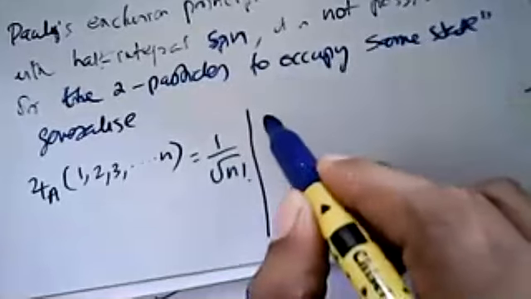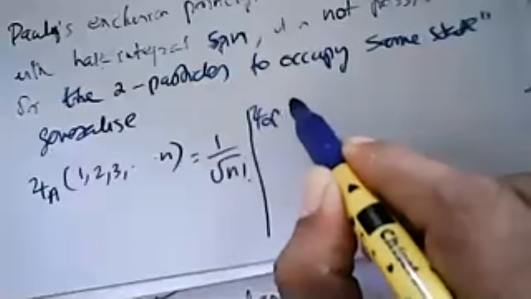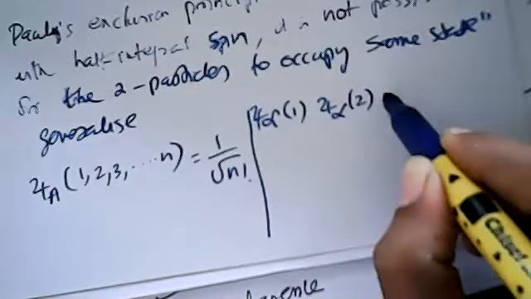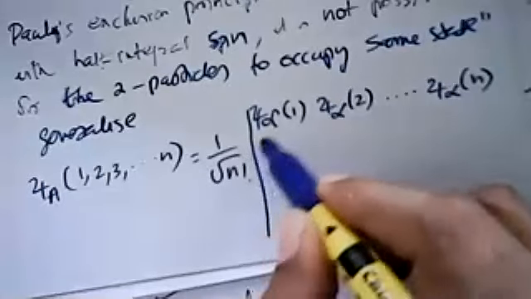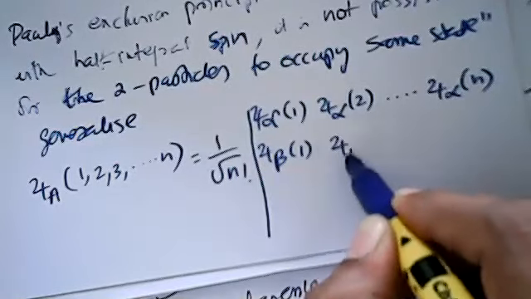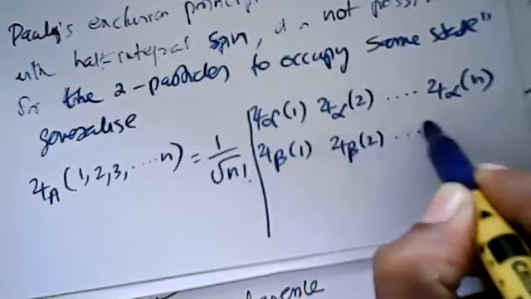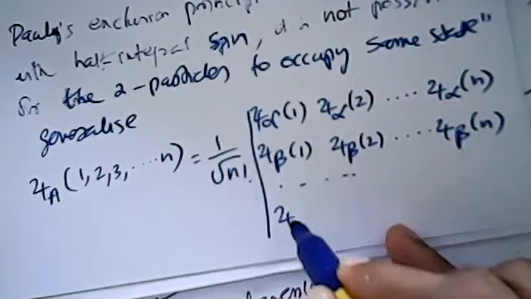Now you have to write them separately. Each psi alpha 1, psi alpha 2, etc., psi alpha n. Now psi beta 1, psi beta 2, etc., psi beta n, etc., psi n.